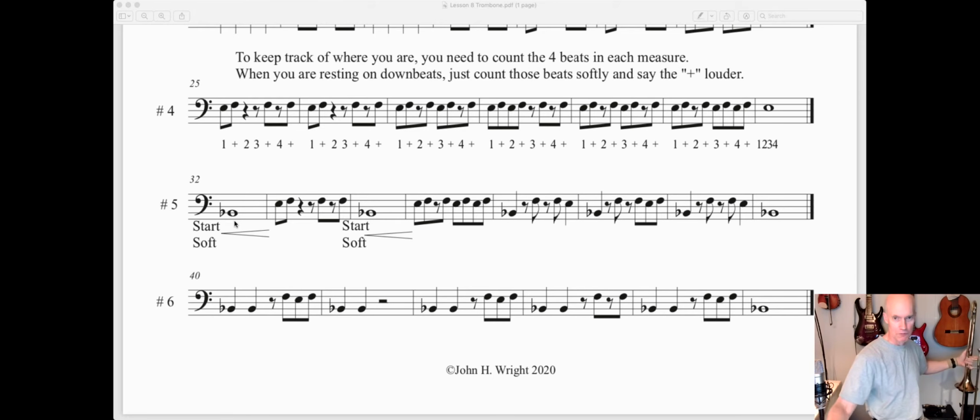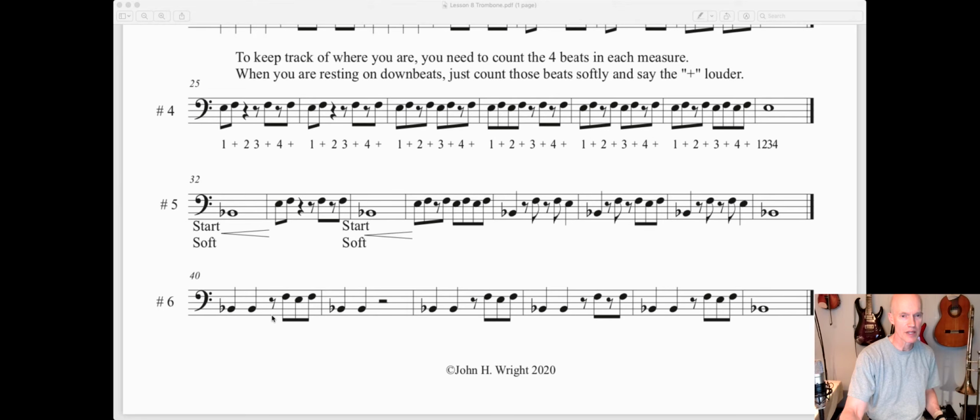Now, let me break it down again. 1, 2, 3, 4, 1 and 2, 3 and 4 and 1, 2, 3, 4, 1 and 2 and 3 and 4 and 1, 2 and 3 and 4, 1, 2 and 3 and 4 and 1, 2 and 4, 1, 2, 3, 4.